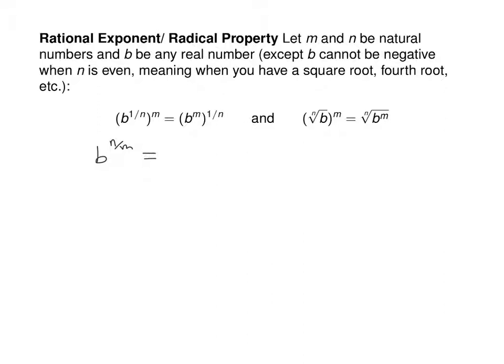The number in the denominator is the root. So that's the same thing as the mth root of b to the n, or it's the same thing as the mth root of b, to the n power. It doesn't matter what order you do it in. You can either choose to power first and then root, or root first and then power. There is one way that's better and easier, and that will be totally obvious in example A and B of example 4.